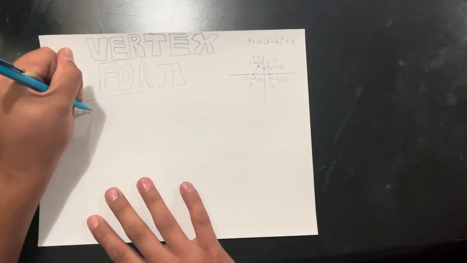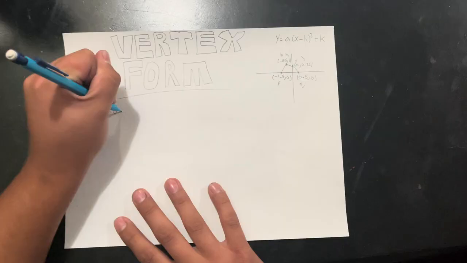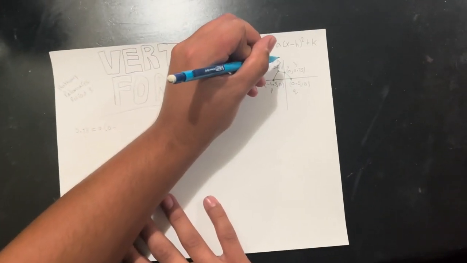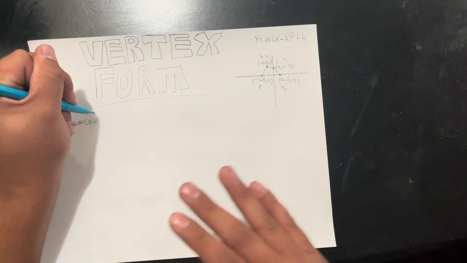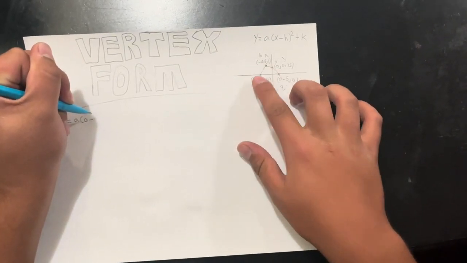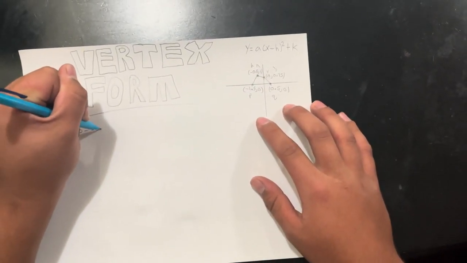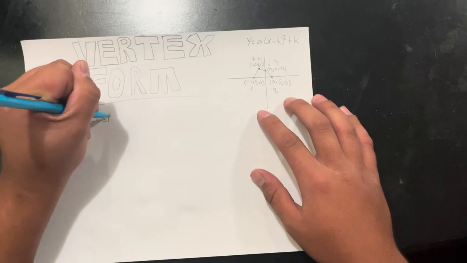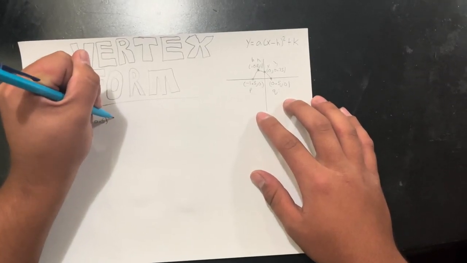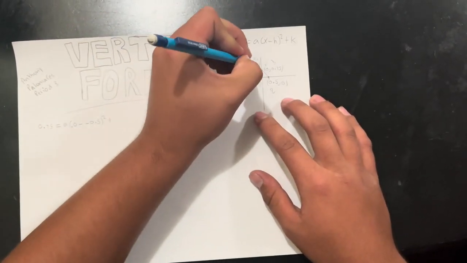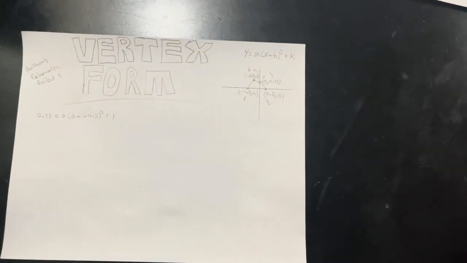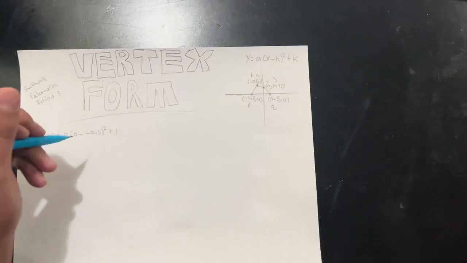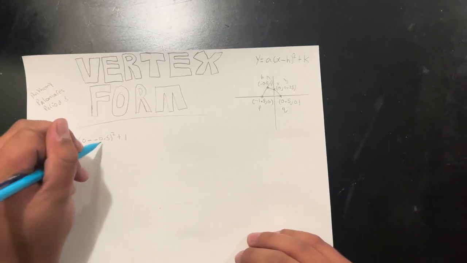So X is 0 minus H, which is 1 minus, oh, my bad. This is negative 0.5. So minus 0.5 squared plus K, which in this case is 1. In order for me to continue, I have to simplify this.